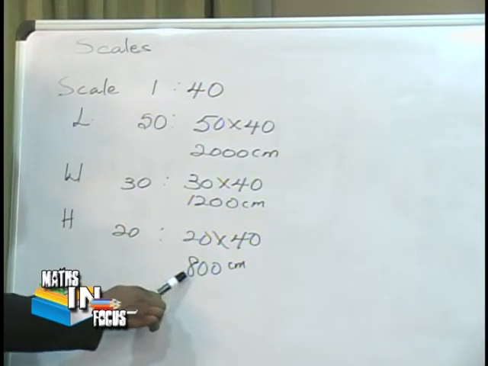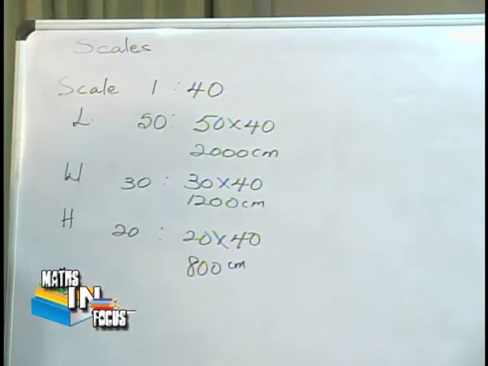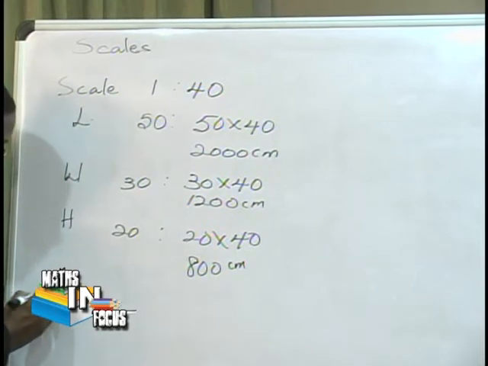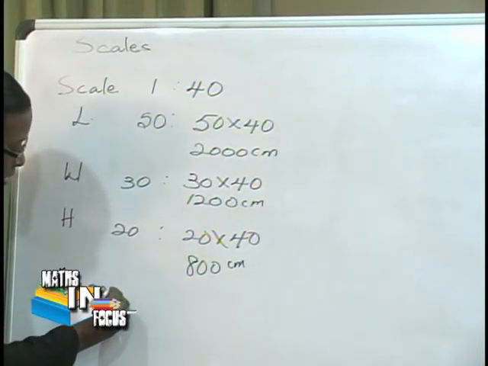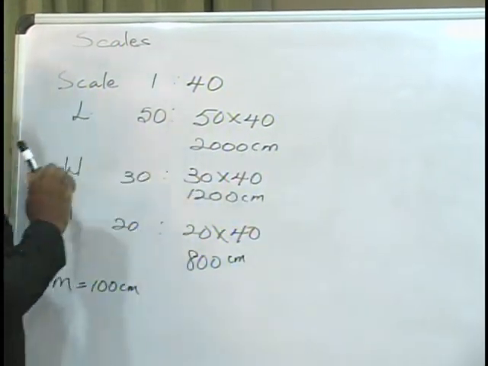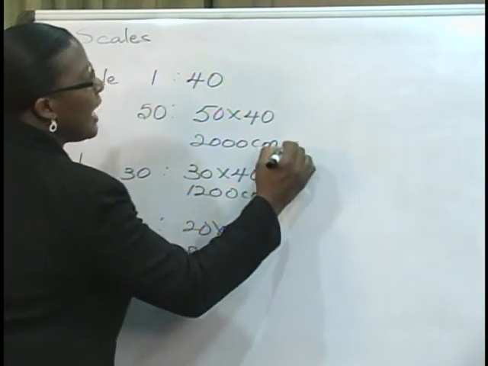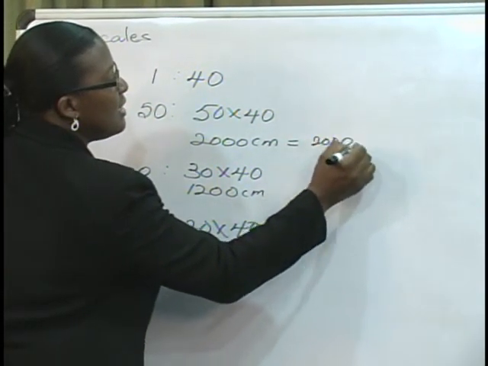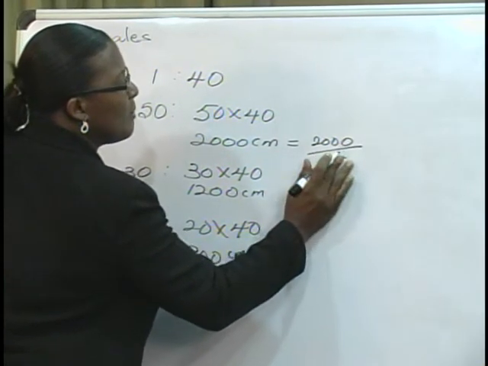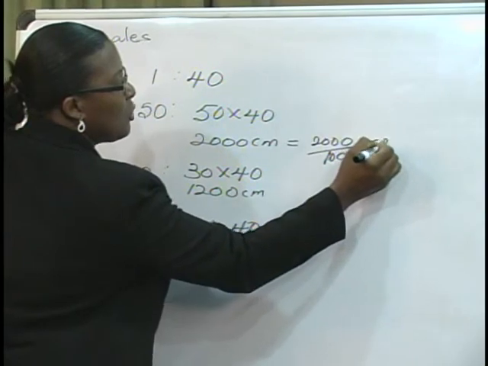So we're going to convert all of these centimeters to meters. First of all, 1 meter is equal to how many centimeters? 100 cm. Therefore, 2000 centimeters would be equivalent to how many meters? 20. That would be 2000 divided by 100.